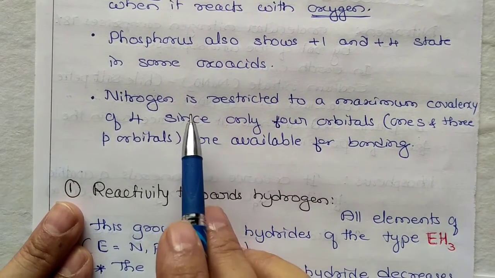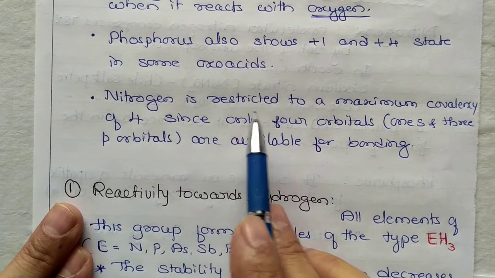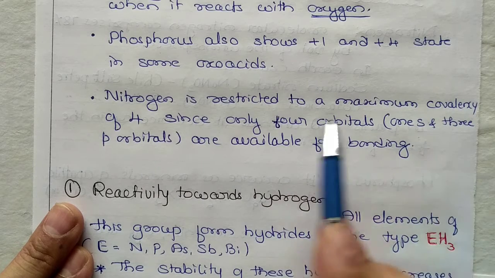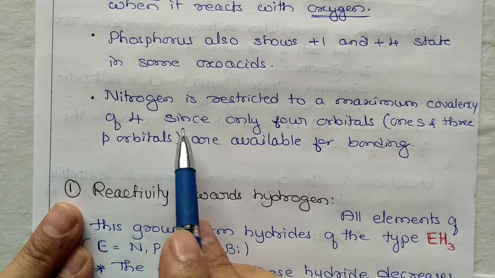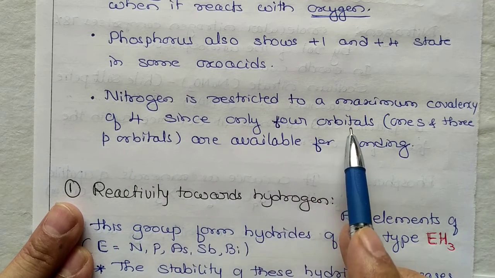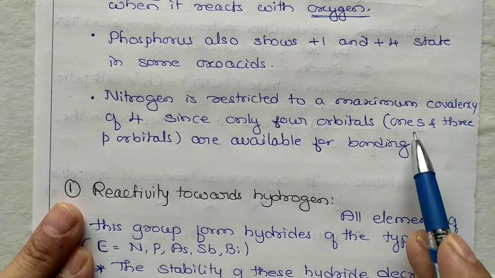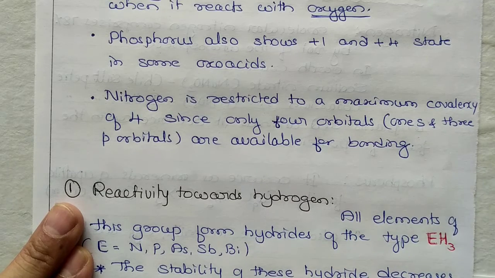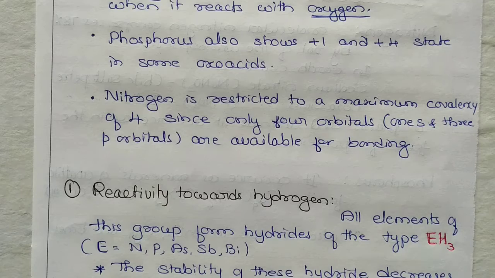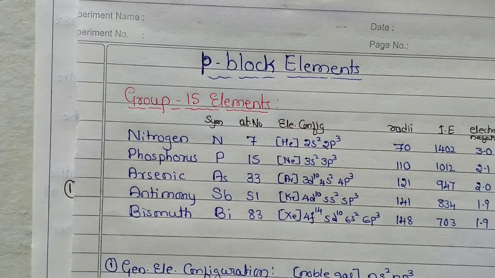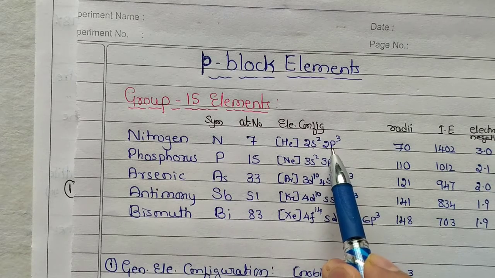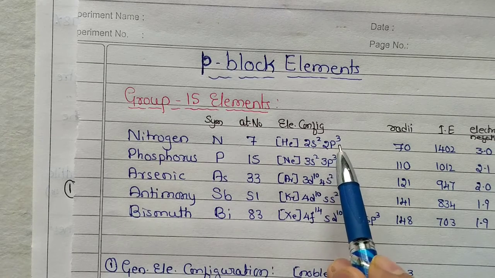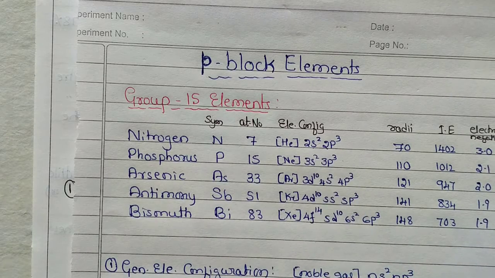Here, nitrogen is restricted to a maximum covalency of 4, because only 4 orbitals are available, that is one s and three p orbitals. If you observe its electronic configuration, nitrogen has an s orbital and 3p orbitals, px, py, pz, so that is 4.